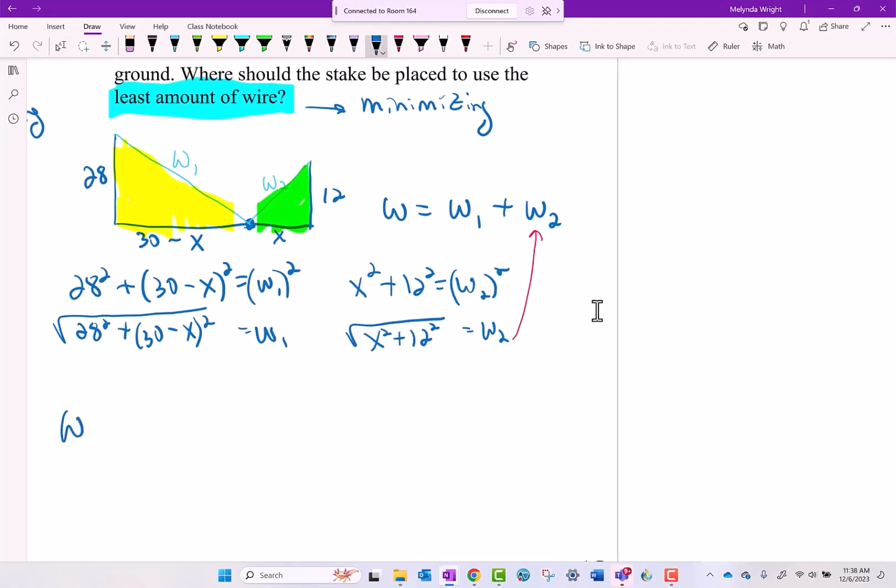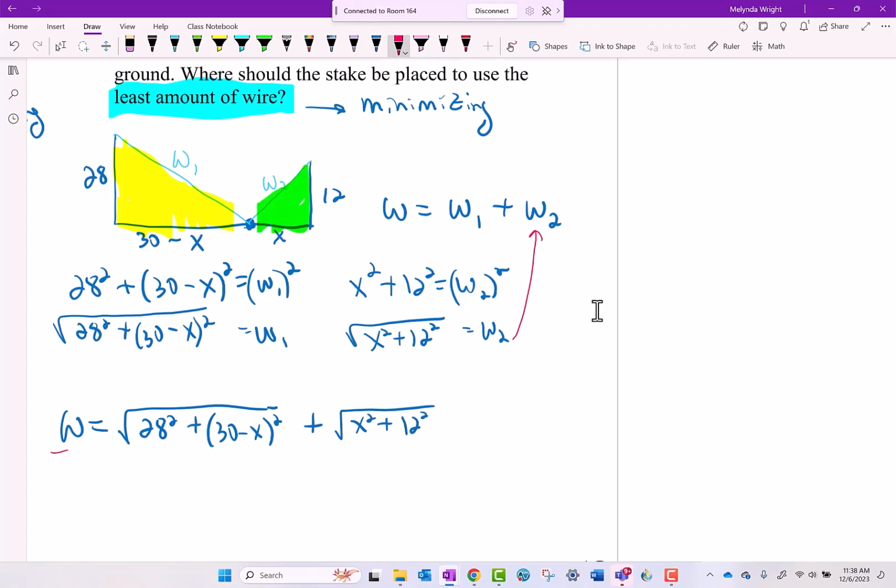So I've got the wire equals, let's write down the expression for wire 1. That would be the square root of 28 squared plus 30 minus x squared, plus the expression for wire 2, the square root of x squared plus 12 squared. And we are not going to try to simplify that.